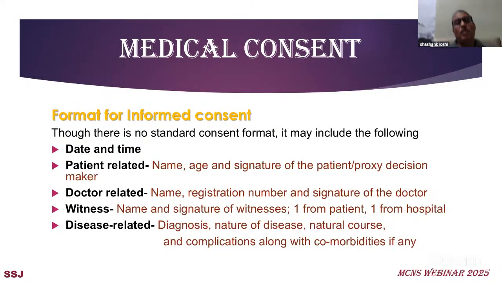So what is the format for informed consent? There is no standard format so far, but the following things should be mentioned in any consent. Date and time, patient's information, doctor's information, their signatures, then witnesses, then disease-related details: the nature of the disease, natural course of the disease, any complications, and any comorbidities present with the patient.